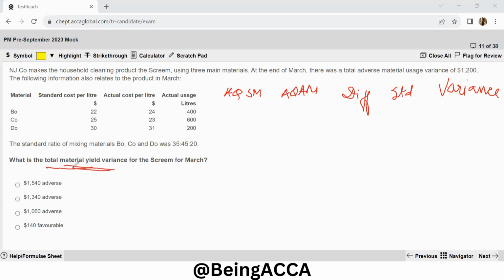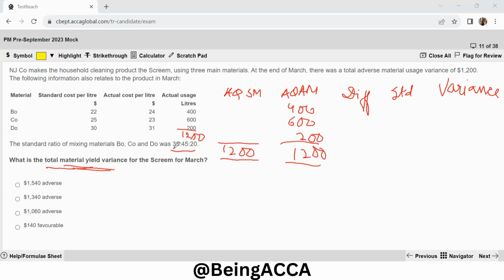So first, let's look at the total that we have. This comes out to be the sum of actual usage, and this will be 1,200. So this becomes my total in both of these places over here. Right. So now my actual quantity in actual mix is 400, 600, and 200. Now let's see, according to the standard mix, what should this have been?